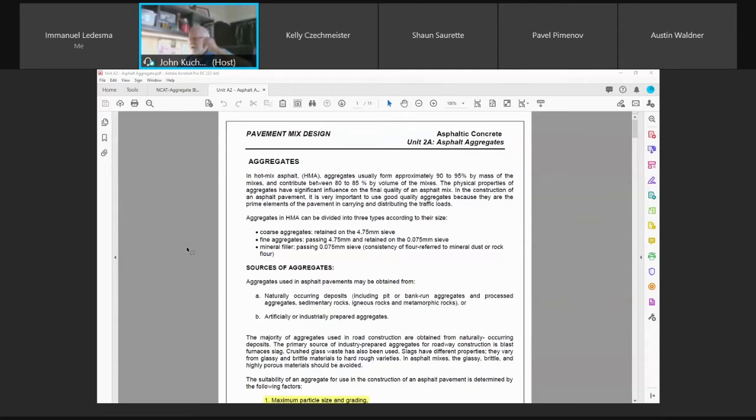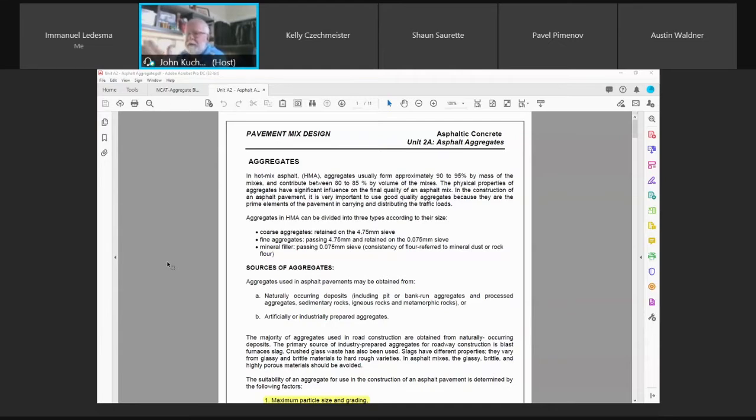We usually have 90 to 95% by mass of aggregates in an asphalt mix. Typically, if you'll recall from last week, I had mentioned that in Winnipeg here, we're running about 5.2, 5.3% asphalt cement. And as such, if we look on a mass basis, okay, everything is a unit of 1.